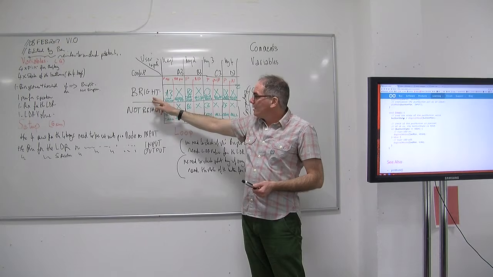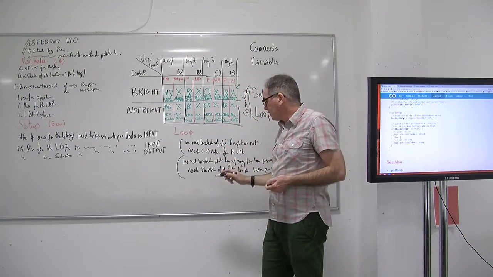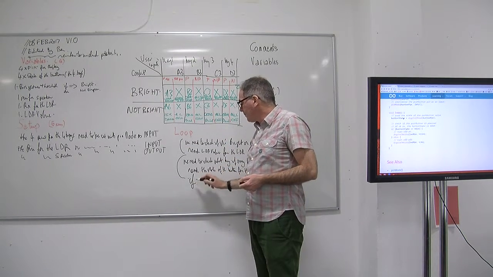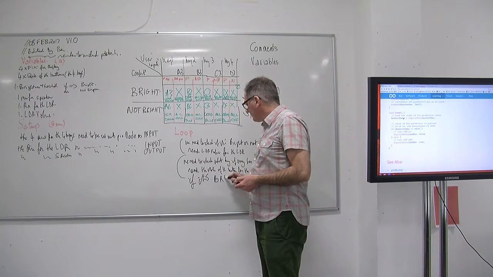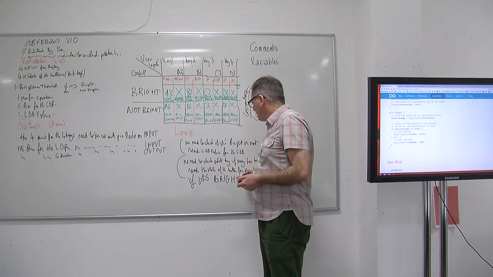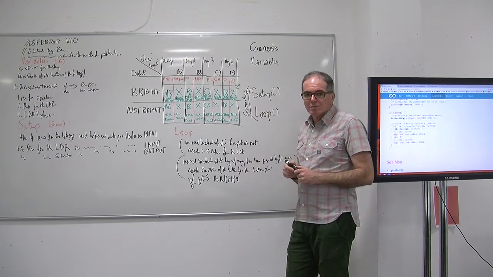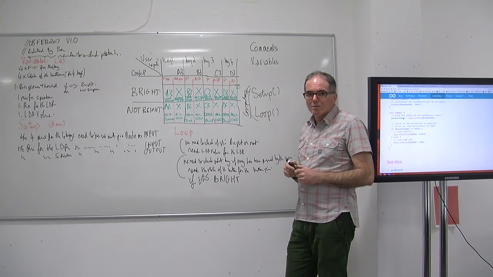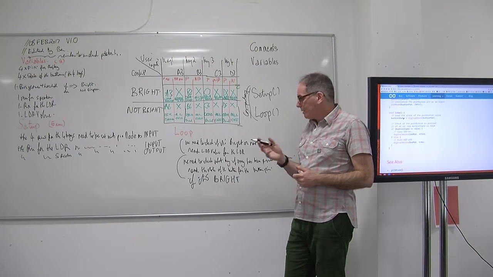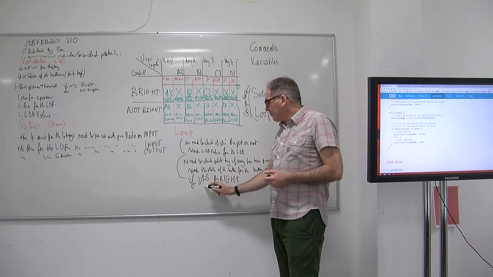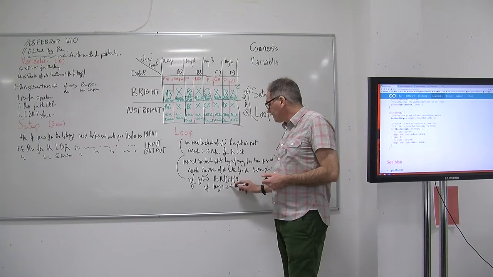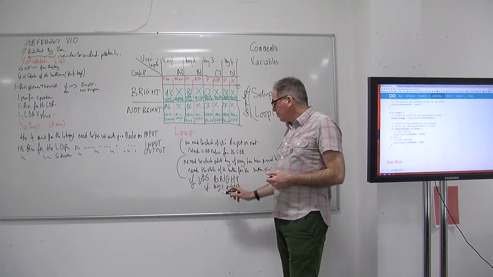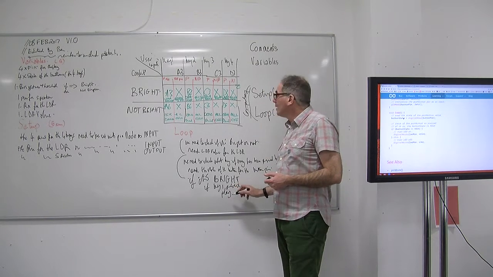So, if it's bright, what do we do? Nothing until the key's pressed. So we need to check if key 1 pressed, that's plain English, play A3.